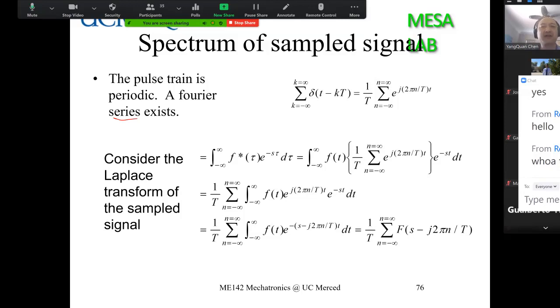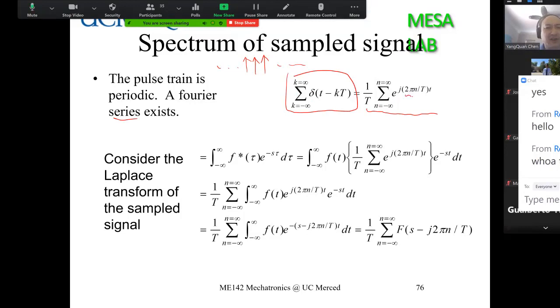So then this delta sequence, this periodical infinite series, can be written in terms of Fourier series expansion and written in this way. So this is actually according to Fourier transformations.